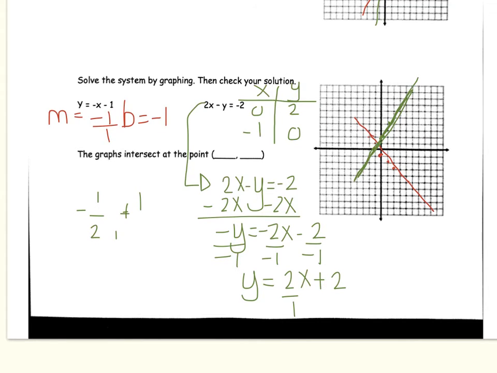I'm just going to erase that if I can figure out how to erase here. Nice. So my point of intersection is right here. So that's to the left 1/2, up 1/2. That's what it looks like to me. All right, let's move on.